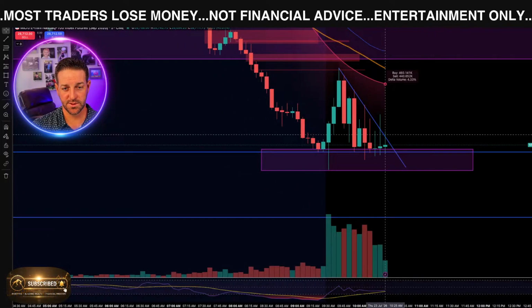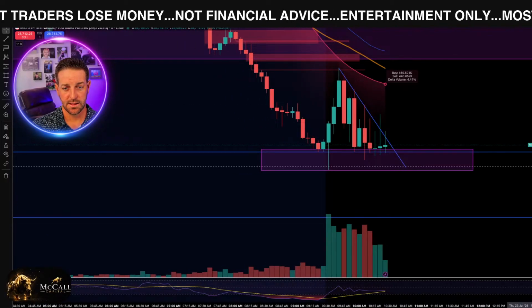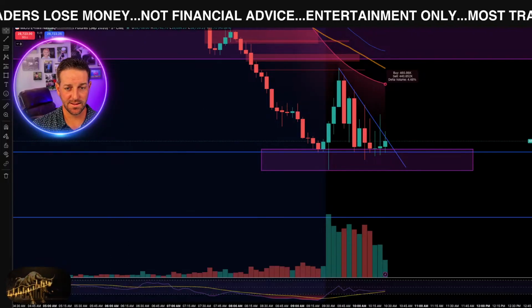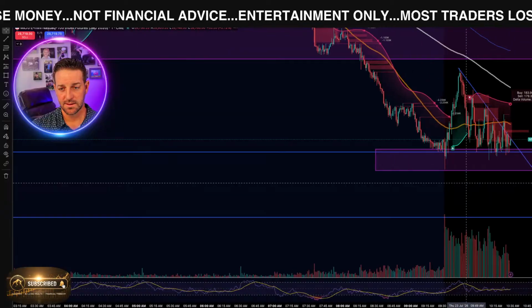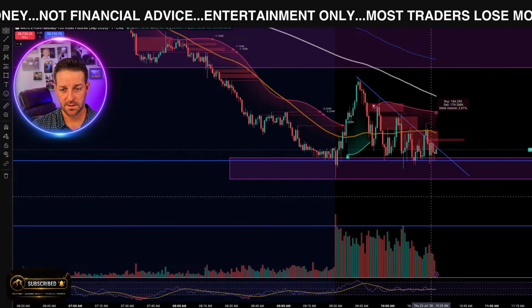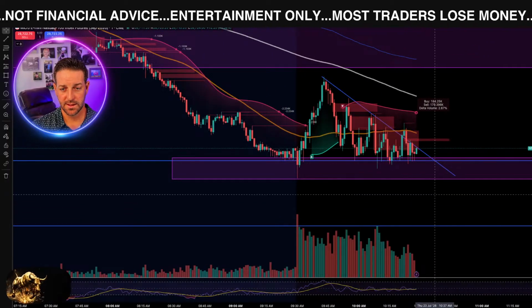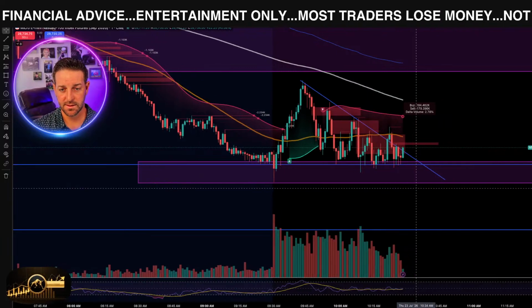We have so many sellers pushing it down as well. I like the long. I do like the long. I think the long is the play here, to be honest with you. I just like to see this break out a little bit.